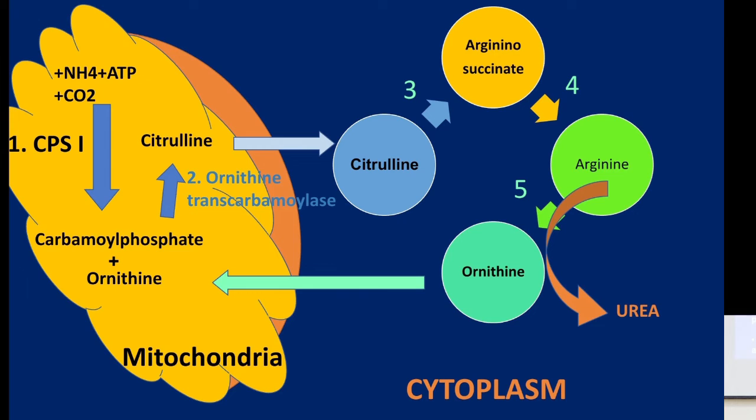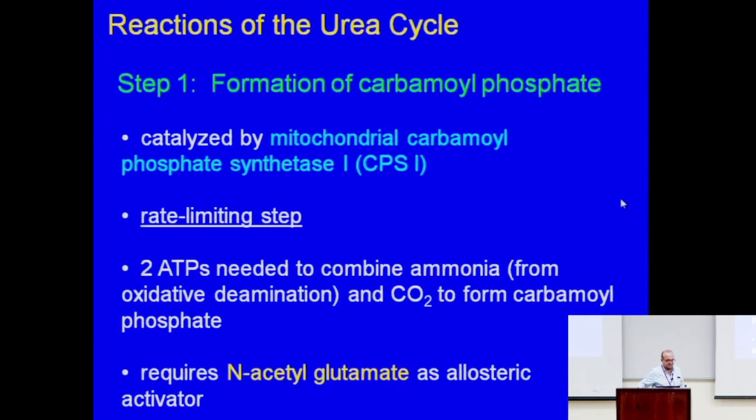So the first enzyme is really by far the most important enzyme, and that's the enzyme that's regulated. It's regulated by an allosteric molecule. N-acetylglutamate is the allosteric activator of carbamoyl phosphate synthase 1.